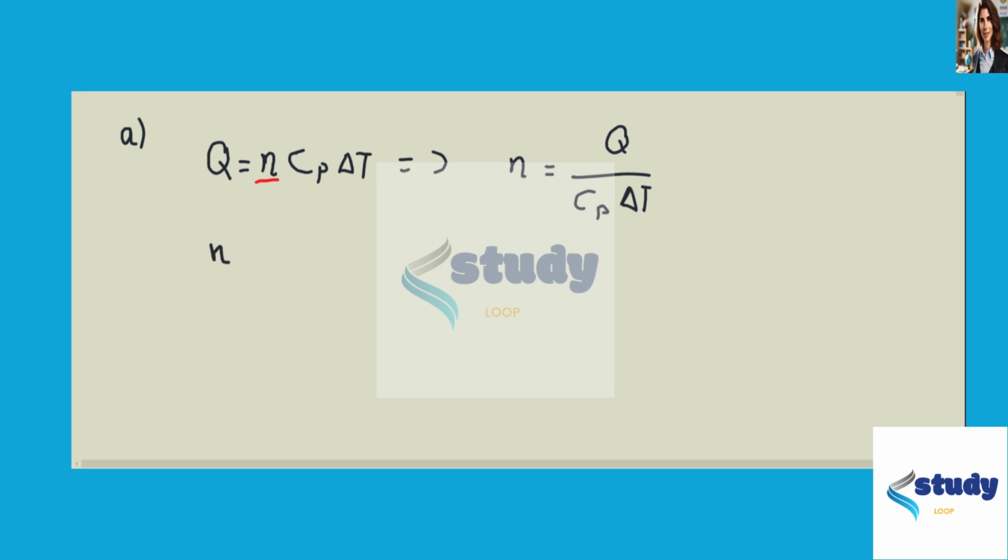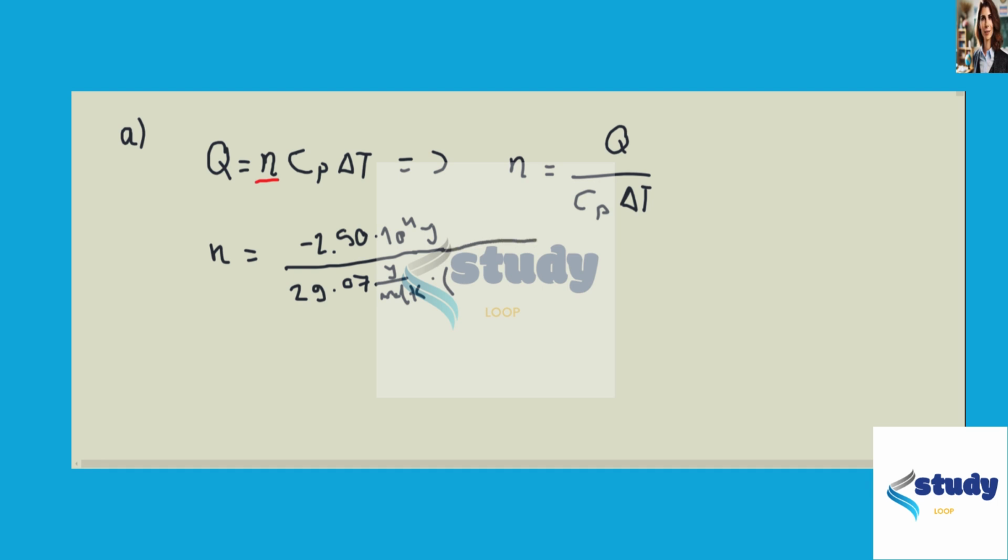So we can just substitute the known values. N equals minus 2.50 times 10 to the fourth joules, divided by 29.07 joules per mole Kelvin, and then the difference.